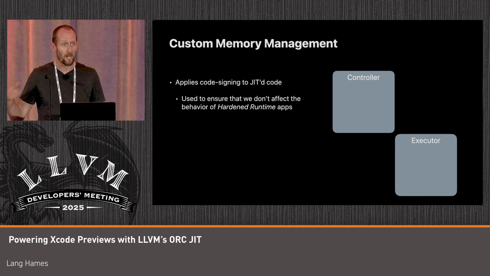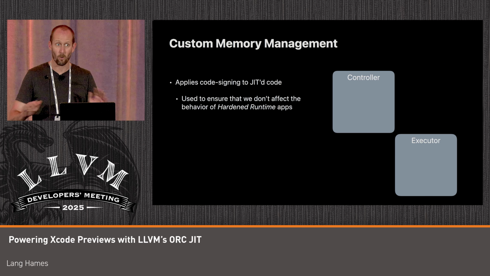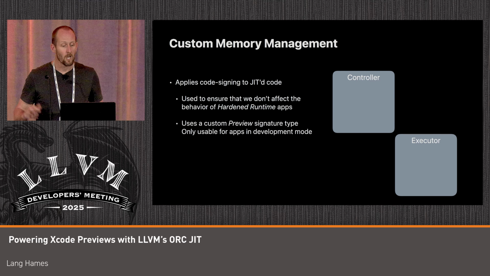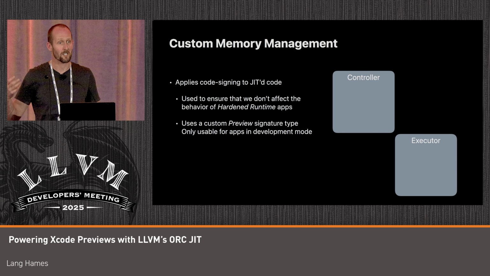So this is great for preventing code injection attacks when you're deploying your app, but it poses a challenge here when we want to inject the entirety of the app. So rather than disabling this or working around it, we can make this work without reducing the security of the hardened runtime by introducing a custom signature type that works with this entitlement, called the previews signature type.